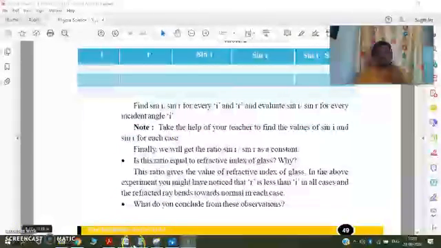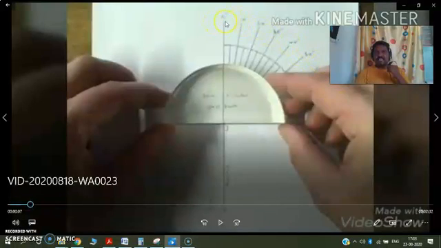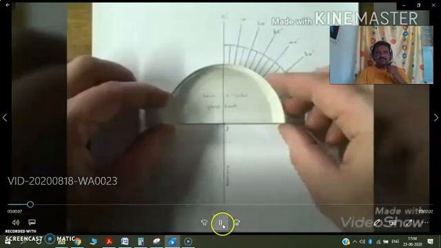Look at the video. This is the semicircular glass disc. The angles here are 0 degrees, 10, 20, 30, 40 like that.